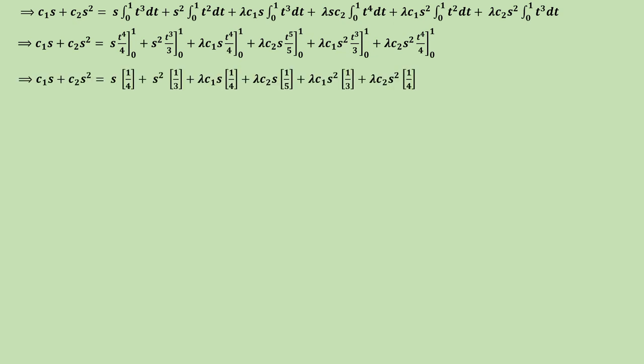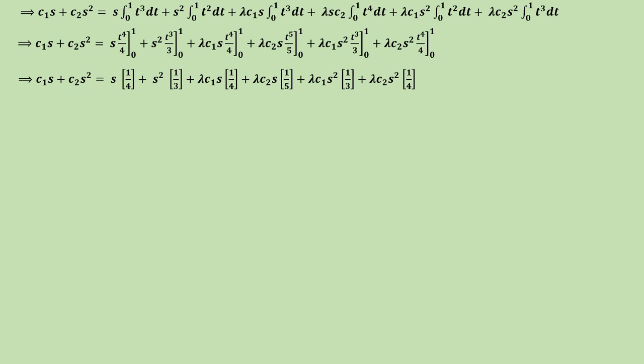Then lambda c1 s t cube is t power 4 by 4, plus lambda c2 s into t power 4, integral t power 4 is t power 5 by 5, limit 0 to 1, plus lambda c1 s square integral t square is t cube by 3, limit 0 to 1, plus lambda c2 s square last term, integral t cube is t power 4 by 4, limit 0 to 1.